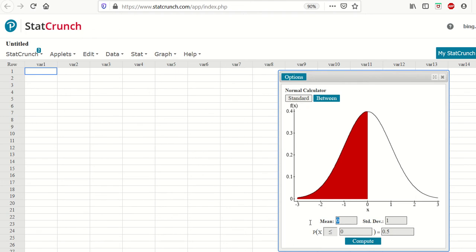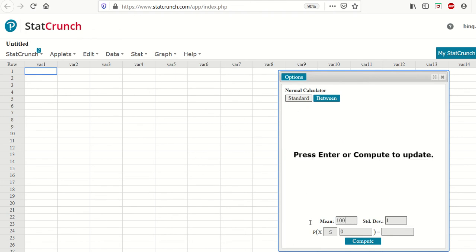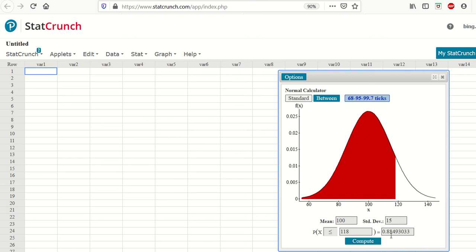Your mean is 100 and your standard deviation is 15, and what we know is the score given to us is 118, and we want to find the area that is less than 118. Right? So compute. And here is the corresponding area, 0.8849. Same answer.